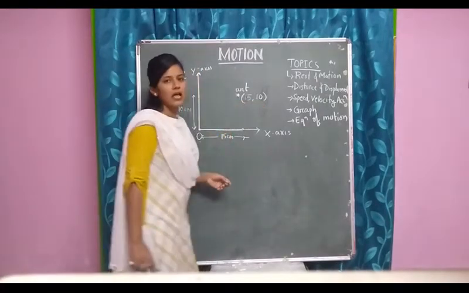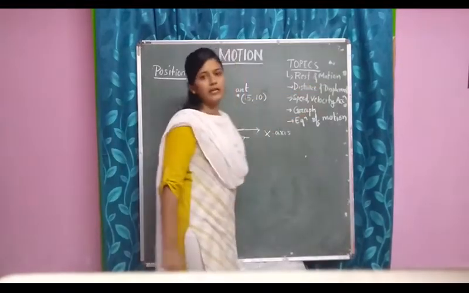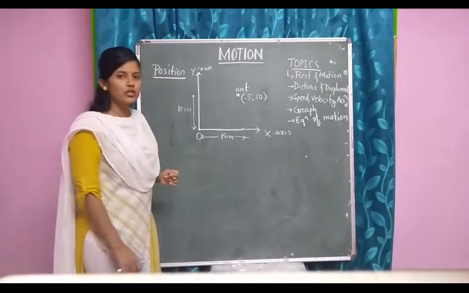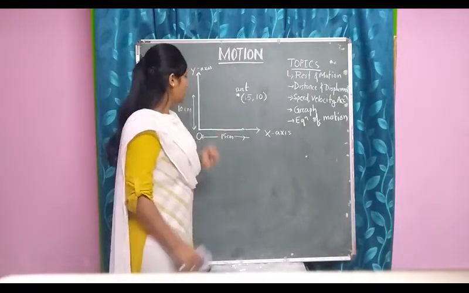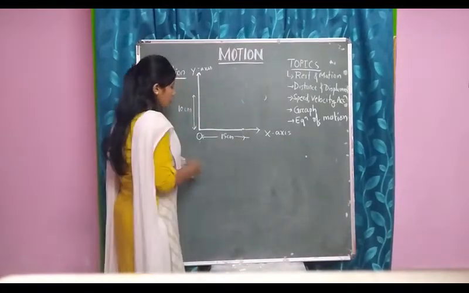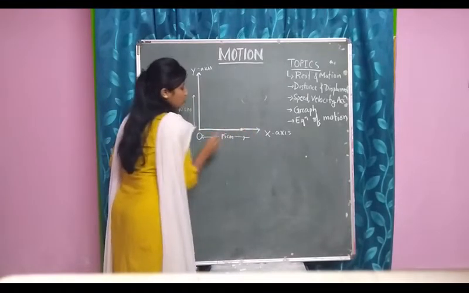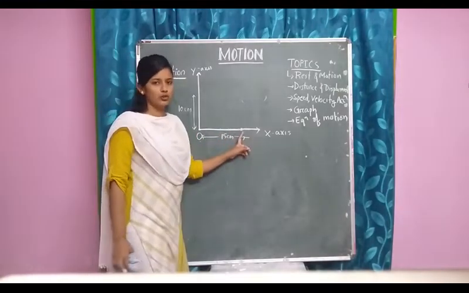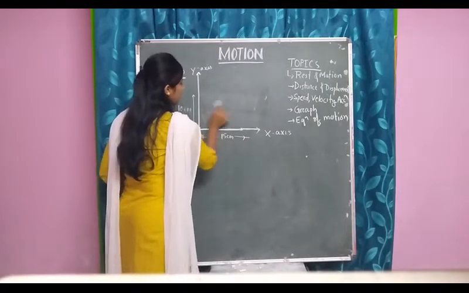position. So motion can be divided into three types: 1D motion, 2D motion and 3D motion. 1D motion means, suppose the ant is going only along this line, then we will say that this is 1D motion.